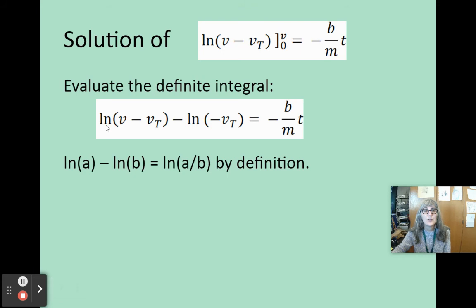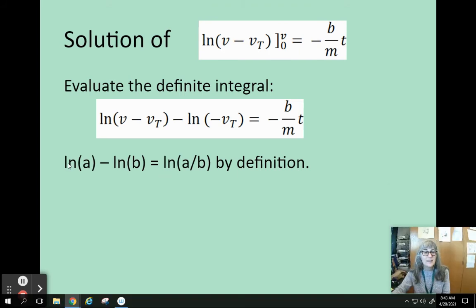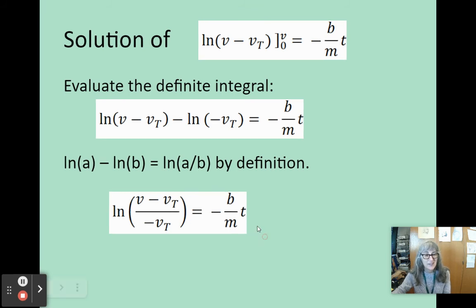This is actually not terrible. So we have the natural log of v minus vt minus the natural log of negative vt is equal to negative b over m t. But one of those awesome identities that you learned somewhere along the way is that the natural log of a minus the natural log of b is equal to the natural log of a divided by b. So we do that. Now we combine them. Woohoo!